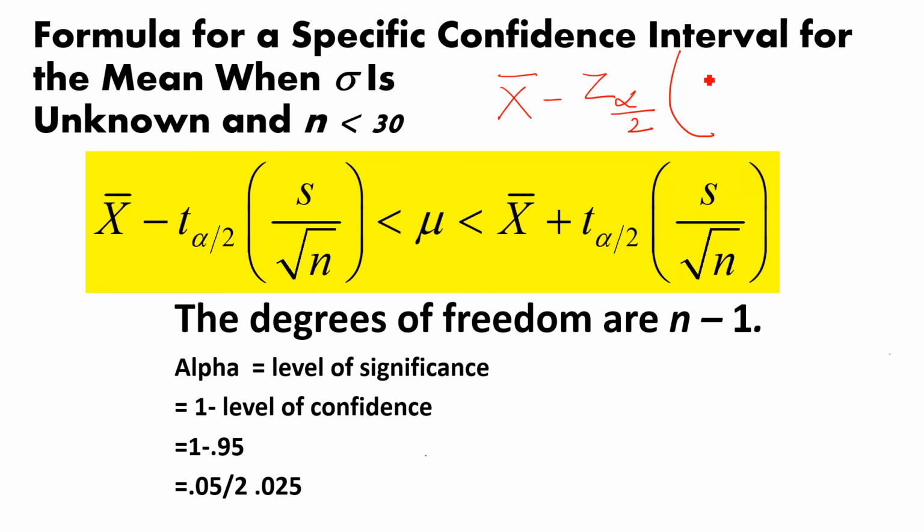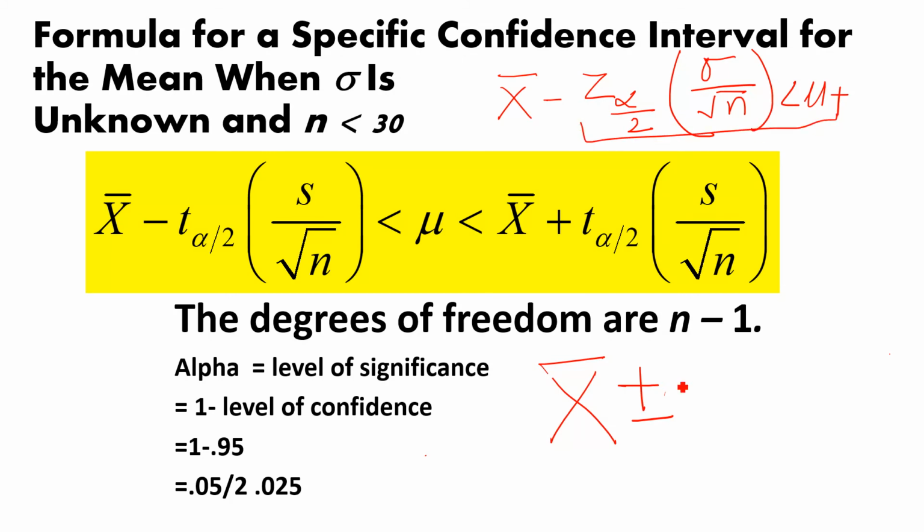Instead of this s, we were using sigma over square root of n, and here the same thing. So this is the exact formula. Sometimes in different books you can see x bar plus minus and then this part. What is the meaning of plus minus? See here, the exact thing I have written with the positive sign, and here with the negative sign. Otherwise both are fine.